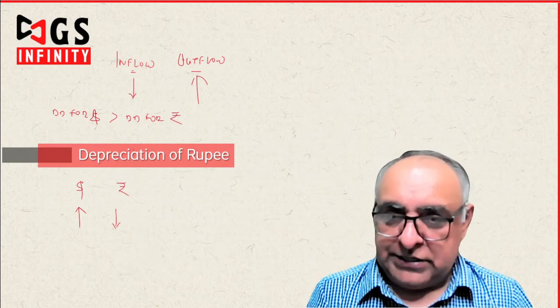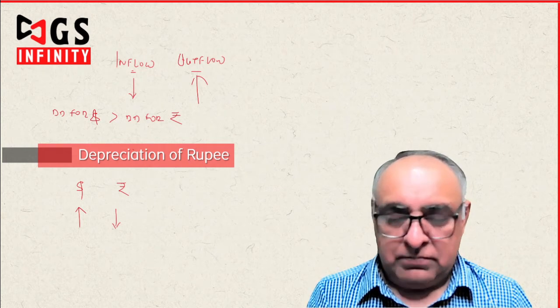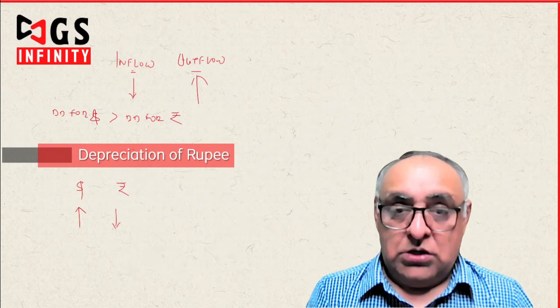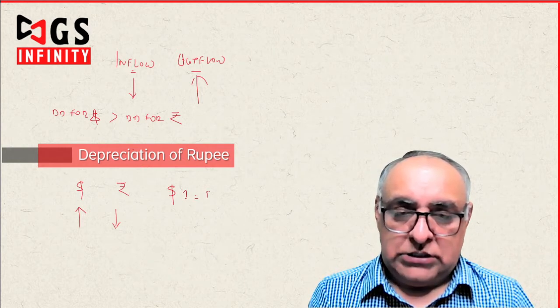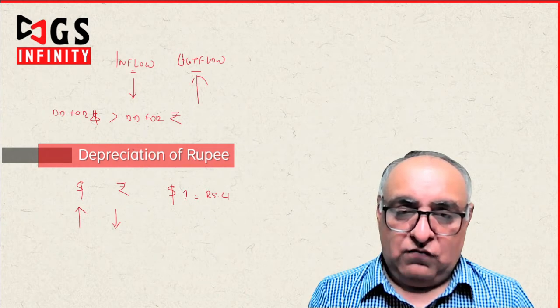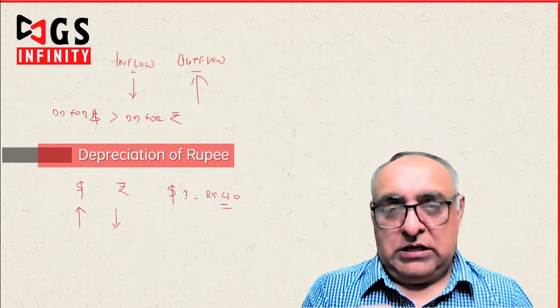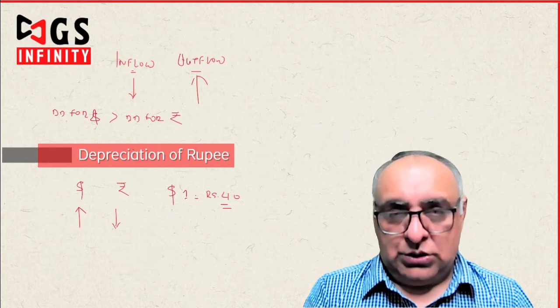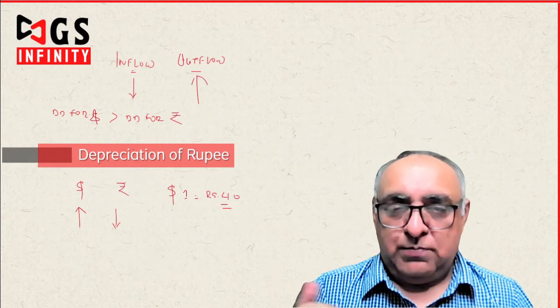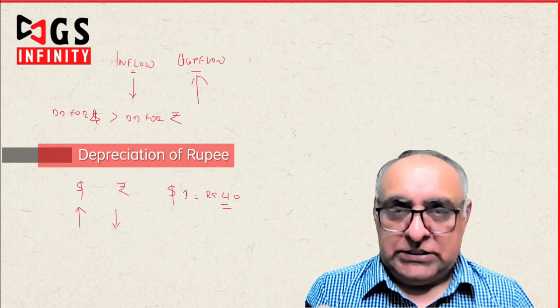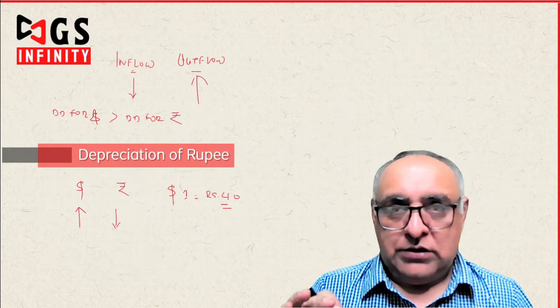Let me try to explain it with the help of an example so that it may be clear to you. Let's suppose earlier 1 US dollar was equal to rupees 40. It means an Indian person was required to spend rupees 40 to purchase 1 US dollar from the market.